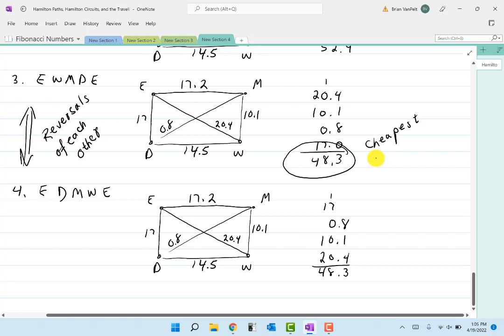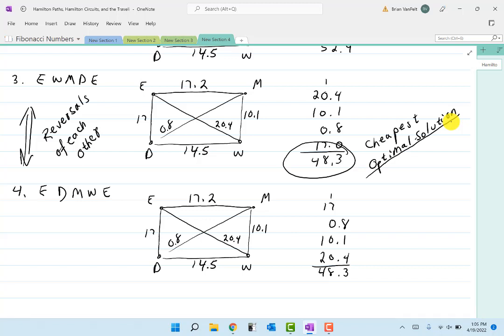And what we have here, we have 48.3. We call this the optimal solution. So that's what we're looking for. Usually it is the smallest number. Now, these numbers don't have to represent mileage. They can represent just about anything, whatever is meaningful to a company that is using this to model their situation.